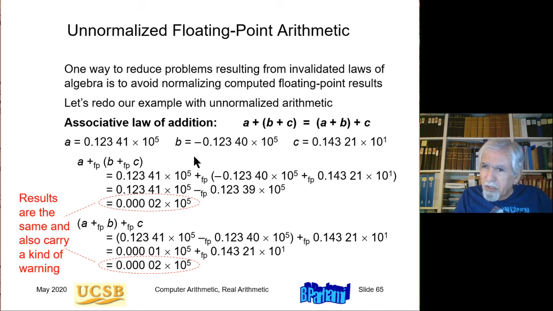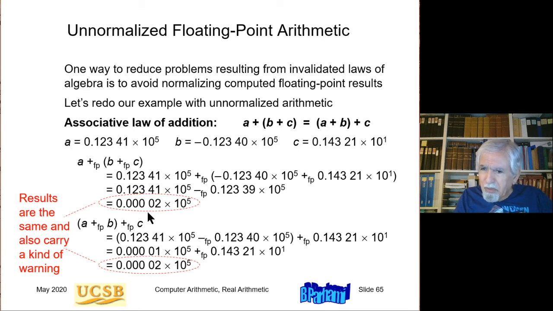In other words, do unnormalized floating point arithmetic. Of course, you can't do this with the IEEE standard, but you can do your own design and development. If you do that, then these two computations, B plus C first versus A plus B first, lead to the same result.